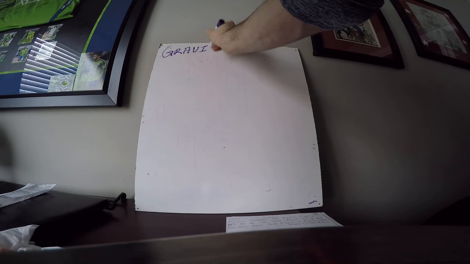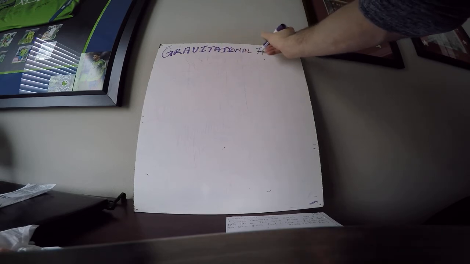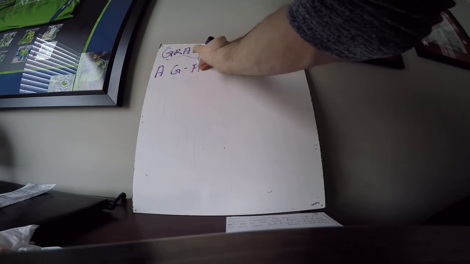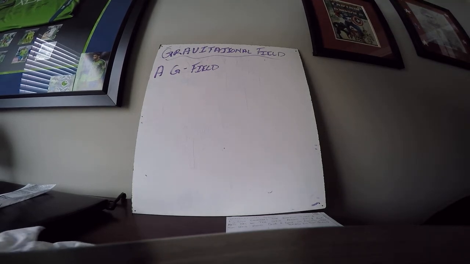Gravitational field. A G field describes the effect that a mass has on the space around it, and how that space would cause a force on a second object placed in that field. You can see that description in the notes that I've included. I'm not going to spend time writing it out right here.